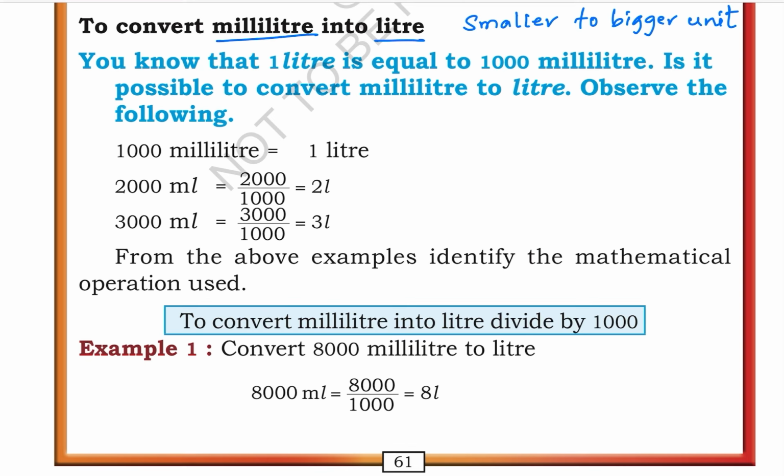Observe the following: 1000 milliliter is equal to 1 liter, right? And 2000 milliliter is equal to 2000 by 1000, which is equal to 2 liter. So what have we done here to convert this 2000 ml into 2 liter?